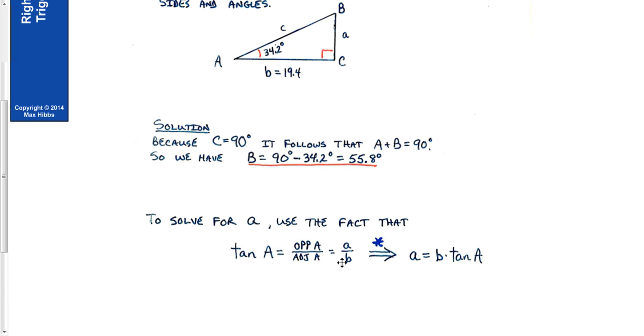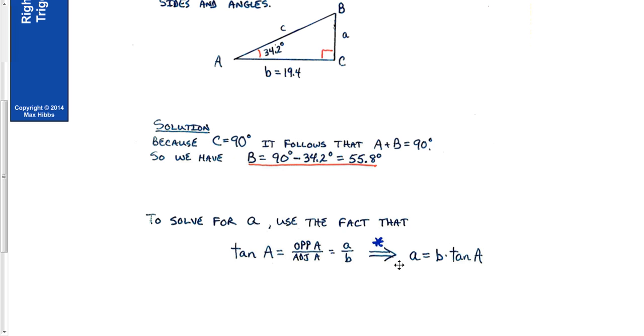Now, before I go through all the work, I'm wanting to know what A is, and so I'm going to take this formula and multiply both sides by B. That will leave A alone, and it will give me B times tangent of A. So A is equal to B times tangent of A. All I did is multiply both sides by B, and then I turned it around.